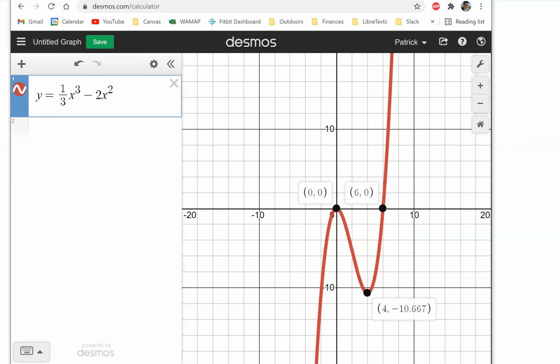So the only place that it's decreasing is between the x value 0 and the x value 4. Everywhere else, our graph is increasing.